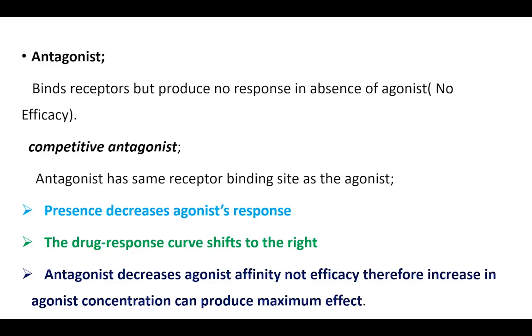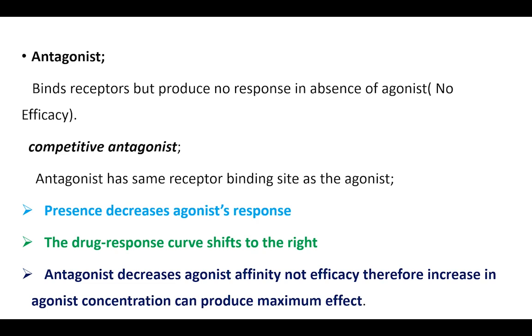Now, antagonists bind to receptors, but they will produce no response in absence of an agonist. In simple terms, they have no efficacy. Their interaction with the receptor will produce no response. So we have two types, the competitive antagonists and the non-competitive antagonists.